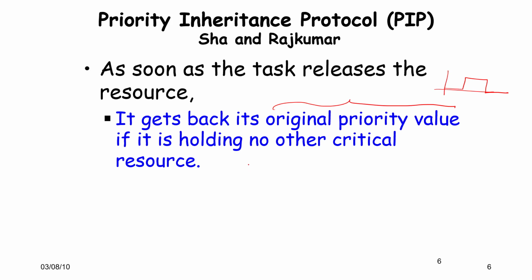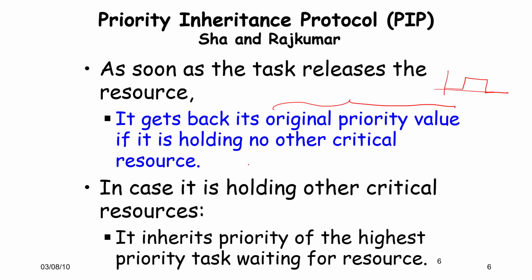But as far as this resource is concerned, the temporary increase in the priority will be rescinded. And as I said, in case it's holding another resource R2, we look at the FIFO queue of R2, find the one with the max priority, and then raise the level to the max priority.